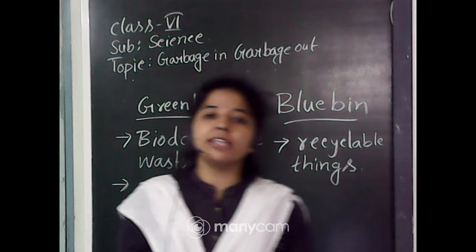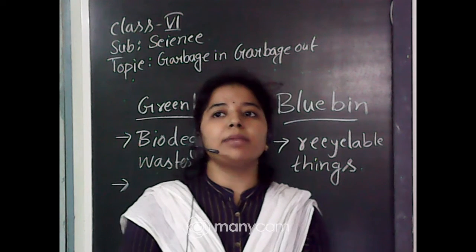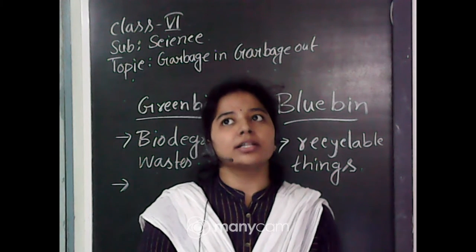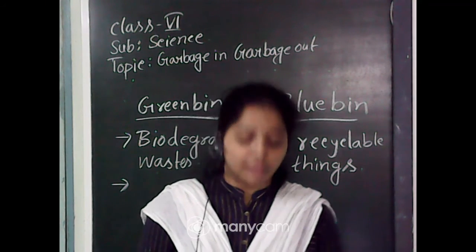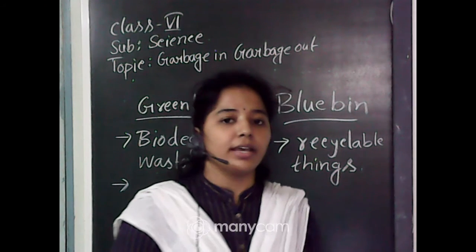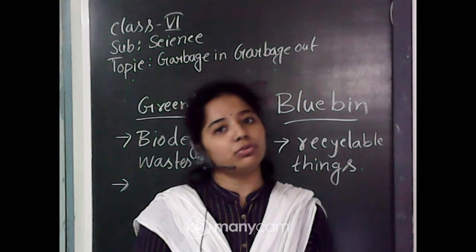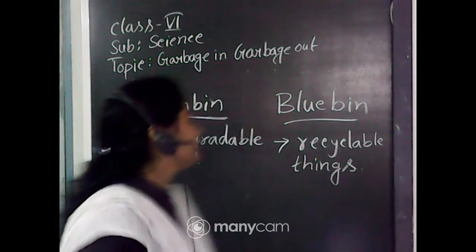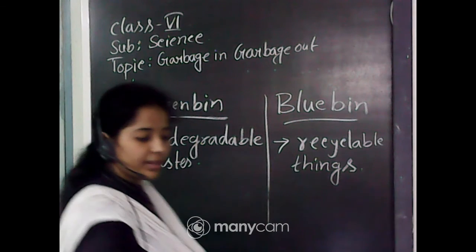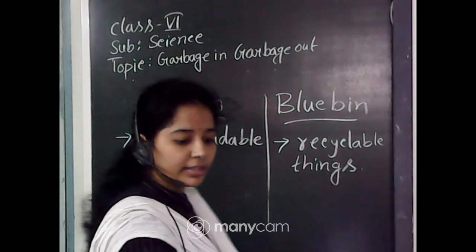Among recyclable things, you can easily give examples such as glass, plastic bottles, chocolate wrappers, polythene bags. These all things can be used again, so they are under recyclable things.